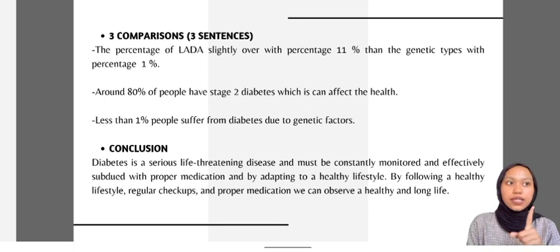Less than 1% of people suffer from diabetes due to genetic factors. The conclusion for the pie chart is that diabetes is a serious life-threatening disease and must be constantly monitored and effectively controlled with proper medication and by adopting a healthy lifestyle. By following a healthy lifestyle, regular checkups, and proper medication, we can live healthy and long.